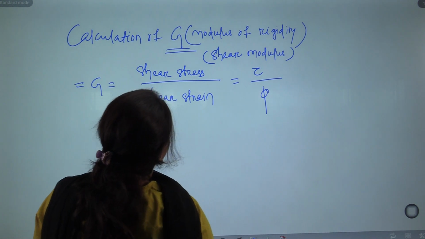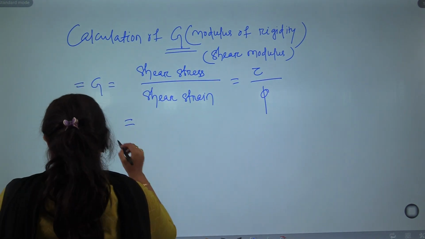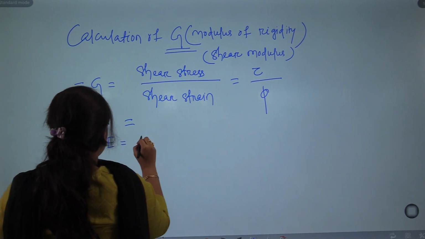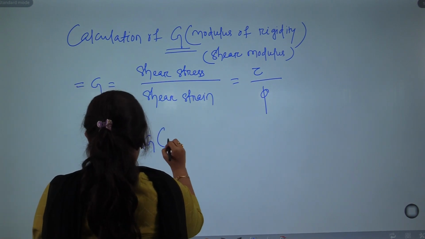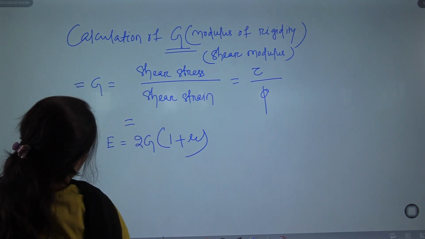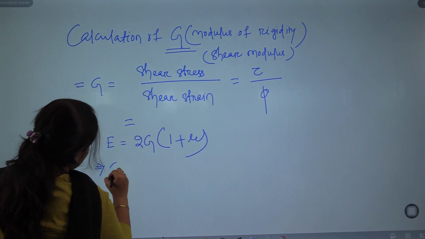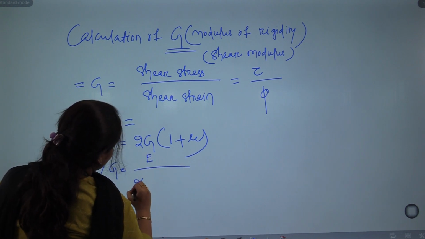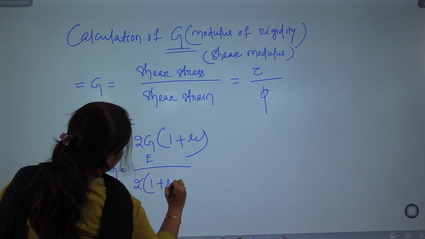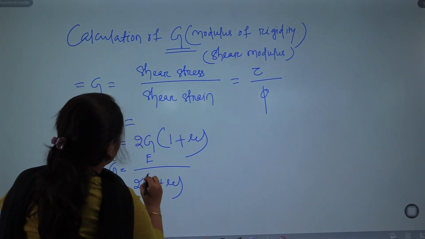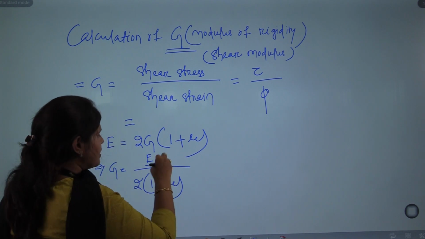So, your G will be how much? We know that E equals 2G into (1 plus mu). So, G will be E upon 2 into (1 plus mu). By putting the values of E and mu, we can easily get the value.